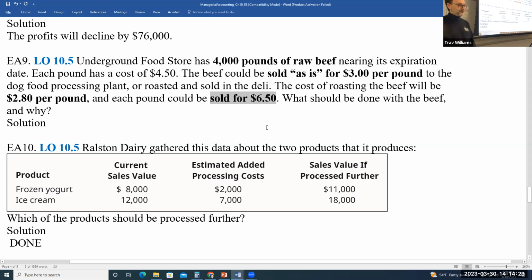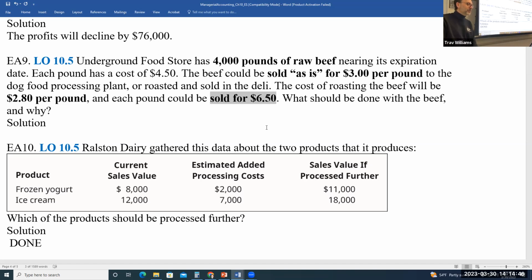Okay. So if we sell it as is, we're going to get $3 per pound, which since it cost us $4.50, we're losing money, but it's still better to get something, right, at this point. So at least we get $3 per pound if we sell it to the dog food processing plant.